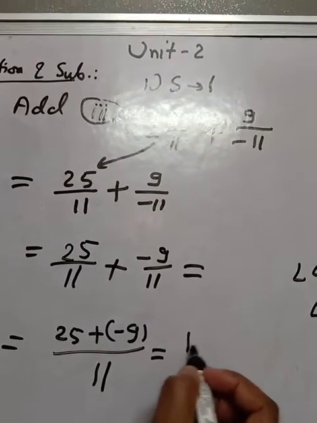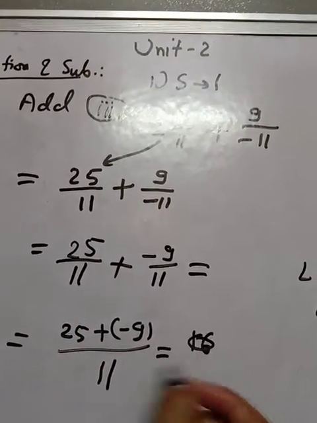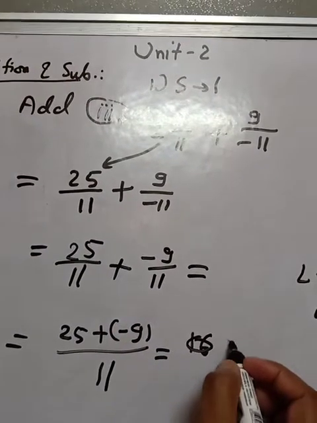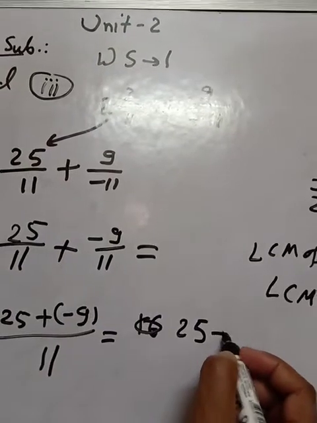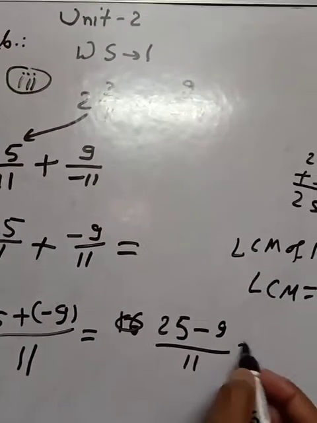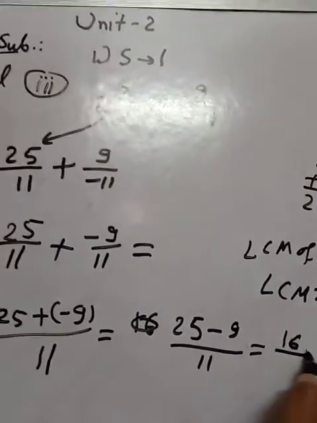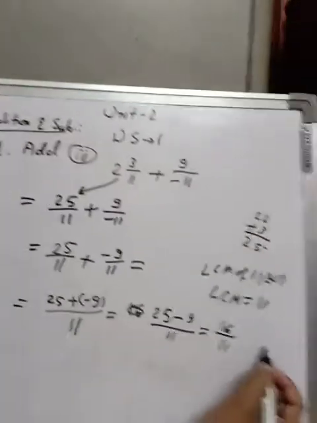Let us open the bracket. So this will be 25 and positive of the negative 9, upon 11. So this will be 16 upon 11. This is your answer.